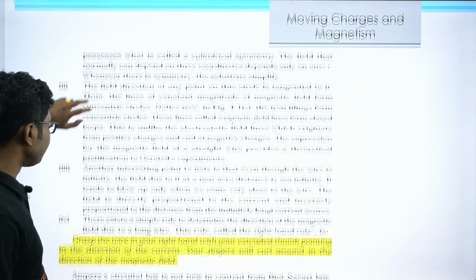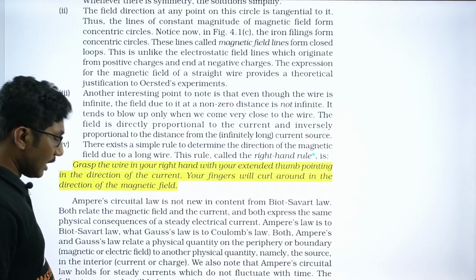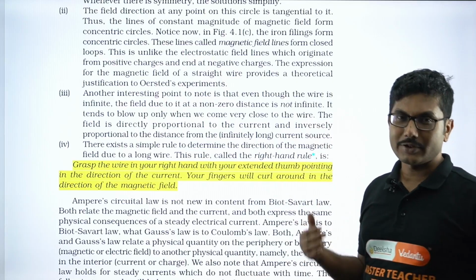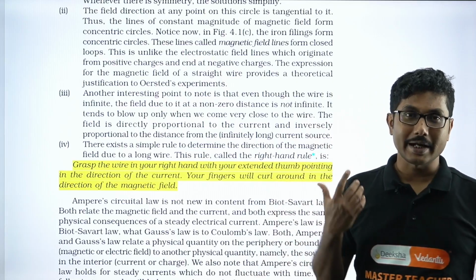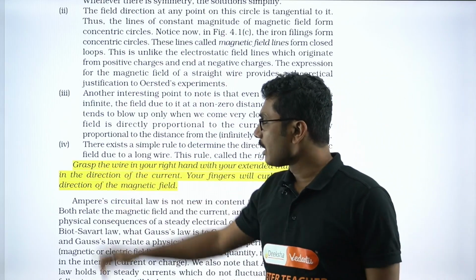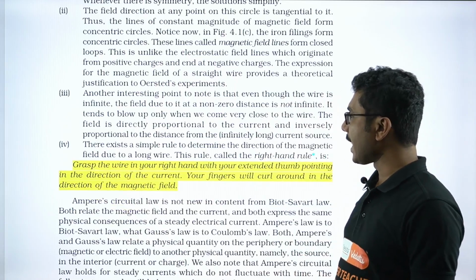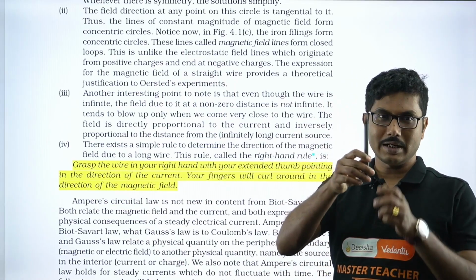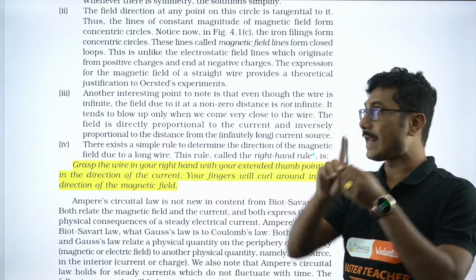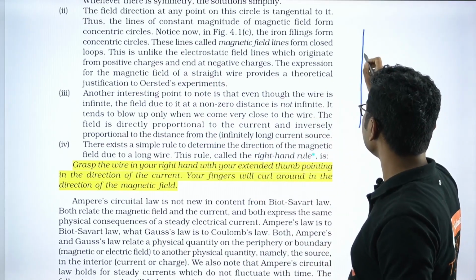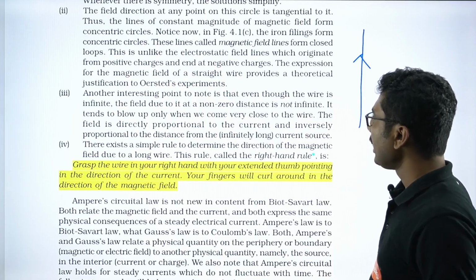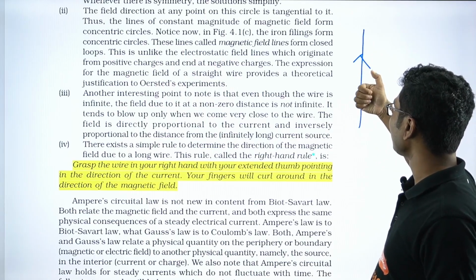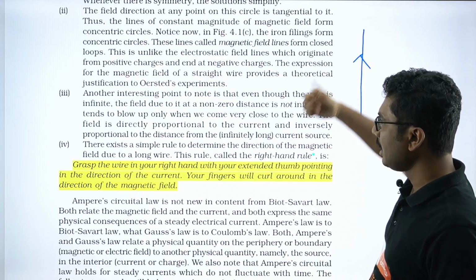We will see that. Now I told you that we will explain how to find the direction of the magnetic field due to a straight current carrying wire. Here is the law: grasp the wire in your right hand with your extended thumb. Suppose this wire is carrying a current in this direction. You have to grasp the wire such that your thumb points in the direction of the current.